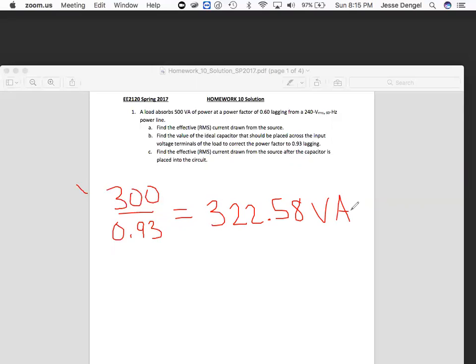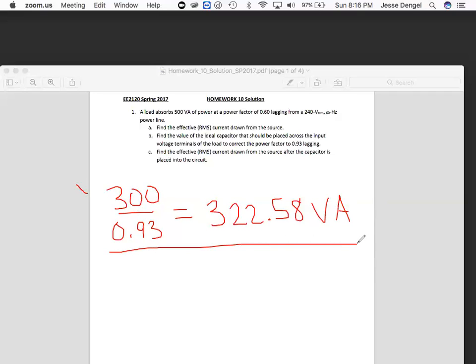Let's verify that. So I'm punching it again into my calculator right now. Divided by 0.93. Yep, so we have 300 divided by 0.93 equals this.